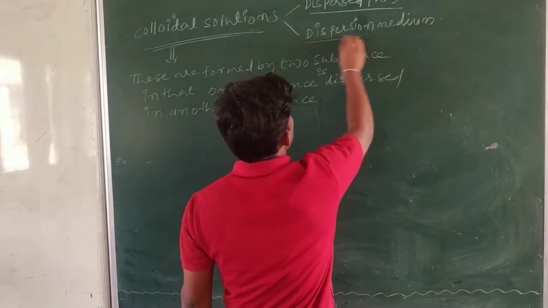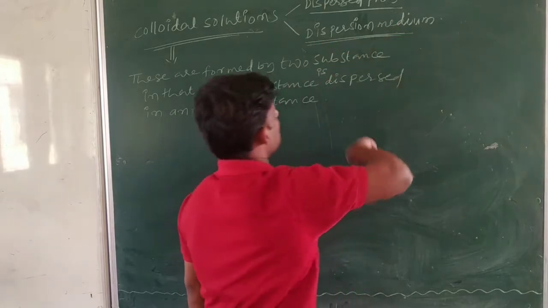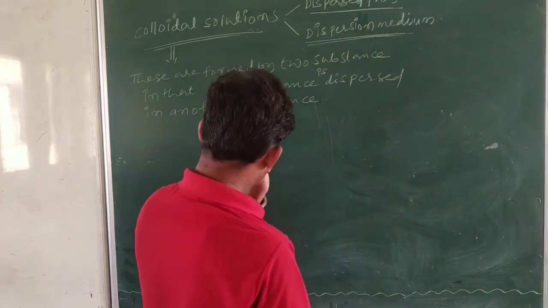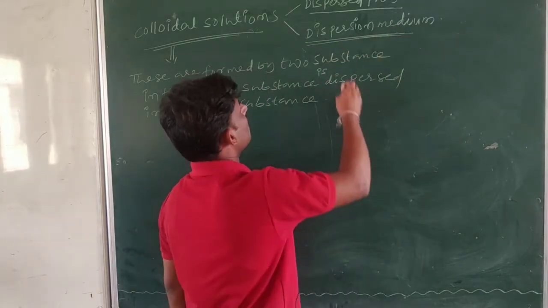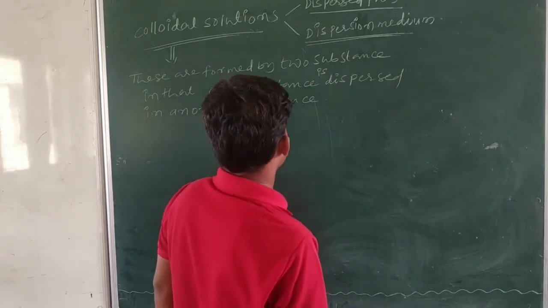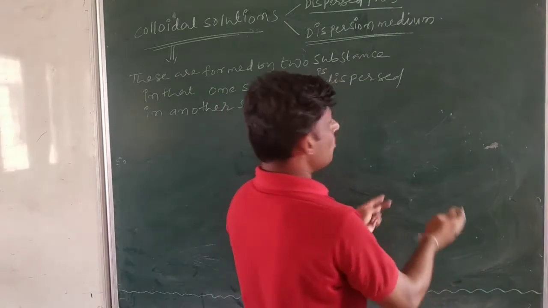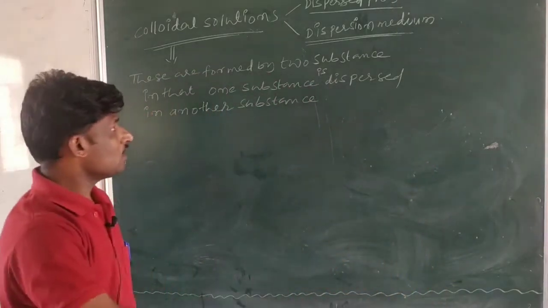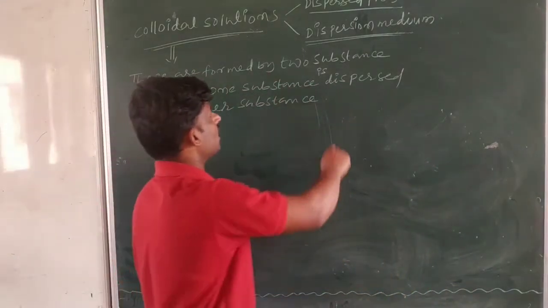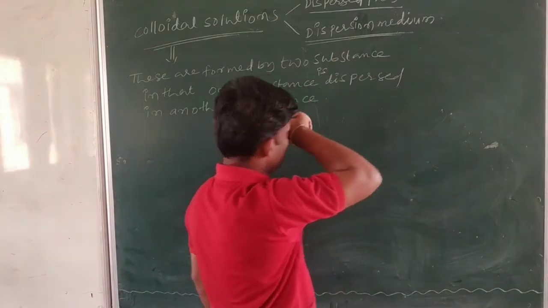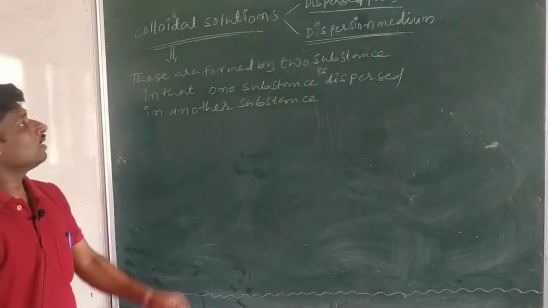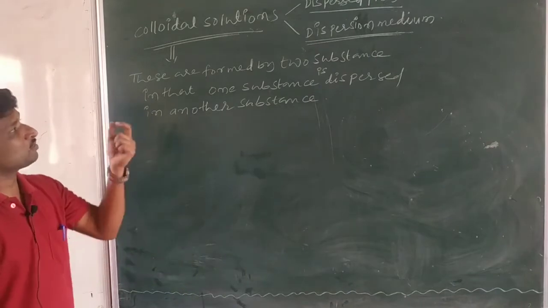The dispersion medium is the substance in which dispersion takes place, in which the colloidal particles are aggregated. How do we simply define dispersed phase and dispersion medium, sir?